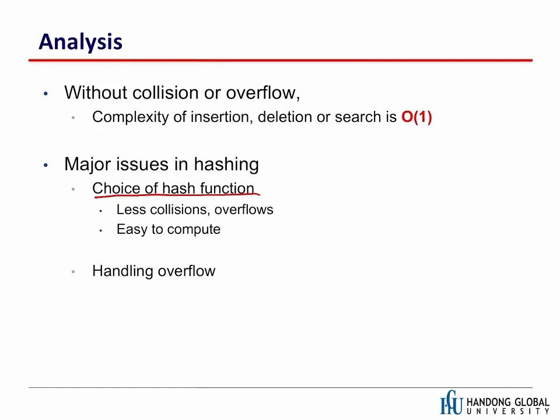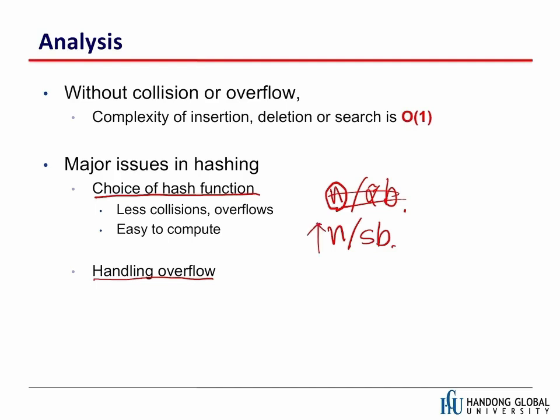And the next issue is handling overflow. Okay, even with a really good hash function, there will still be overflow. Overflow is inevitable. So when n over sb becomes large, then it's really hard to avoid collisions and overflows.